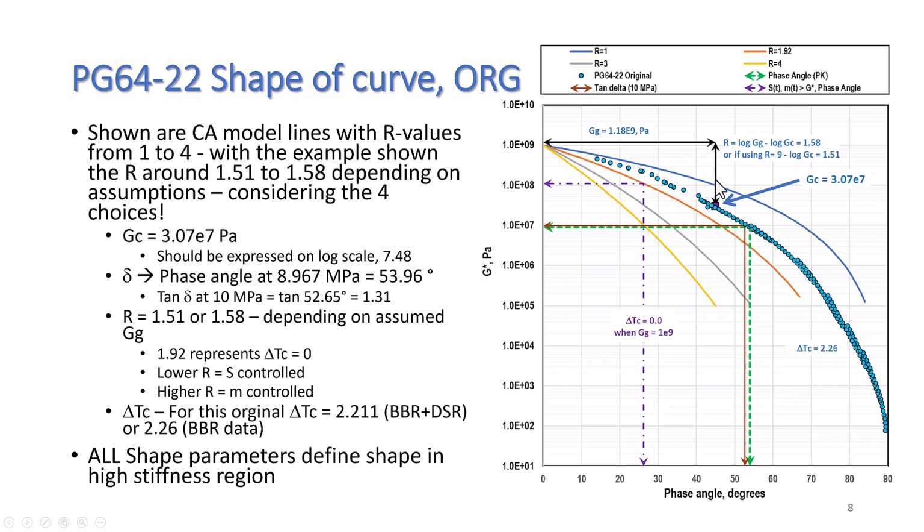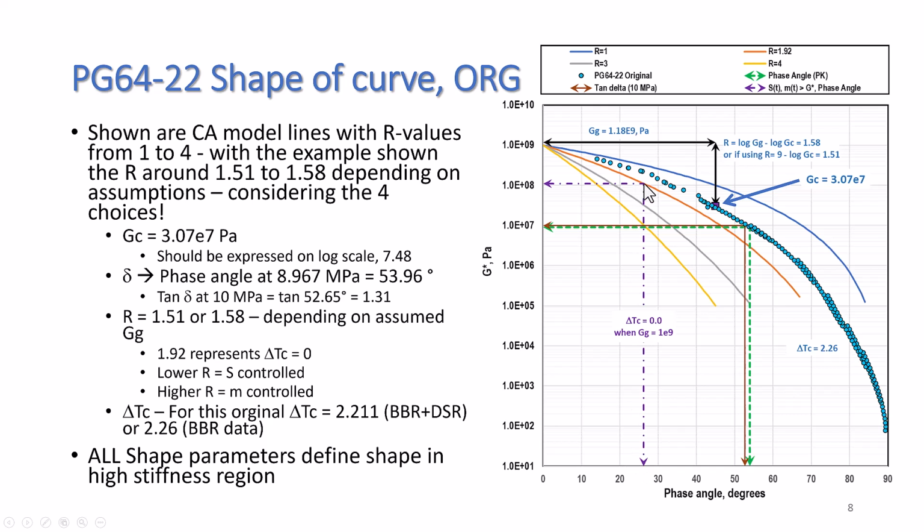So we have a point here we've defined as a crossover modulus. By anchoring this point here also defines the shape of that curve. The delta TC, if you think about it in terms of DSR data, we have a 0 delta TC at about 111 megapascals and a phase angle of about 26.2, I think 26.2, 26.5 degrees C, round about that number.